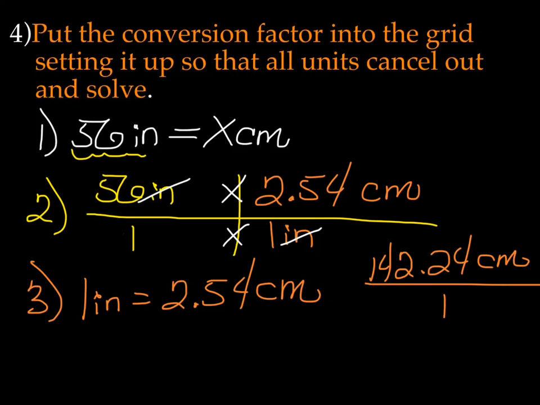Okay, so we can kind of ignore the 1, which gives us an answer now of 142.24 centimeters. Okay, now we need to think about Sig Figs, because the answer has a lot more significant figures than the numbers in our problem.